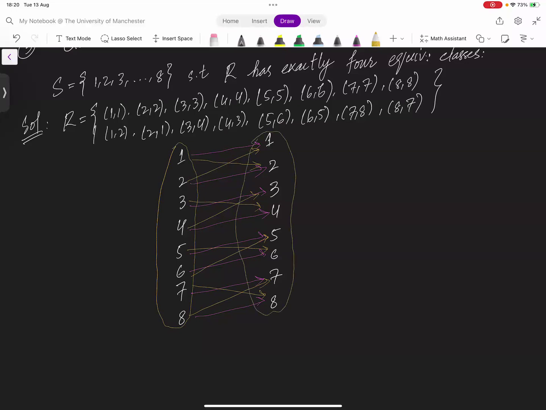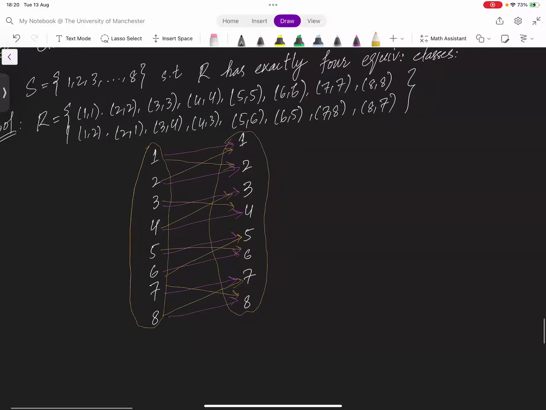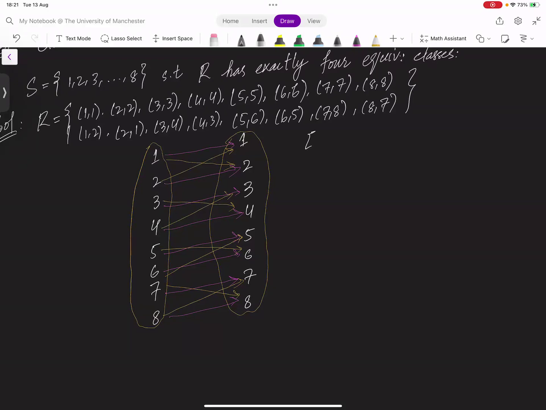Now, to show which equivalence classes there are: there is equivalence class 1, which is similar to 2. There is equivalence class 3, which is similar to 4. And then there is equivalence class 5, which is similar to 6.